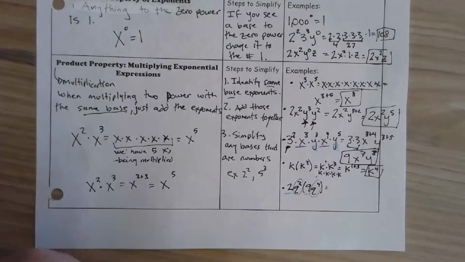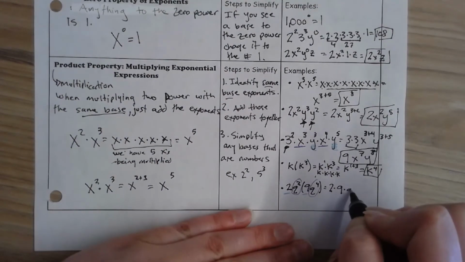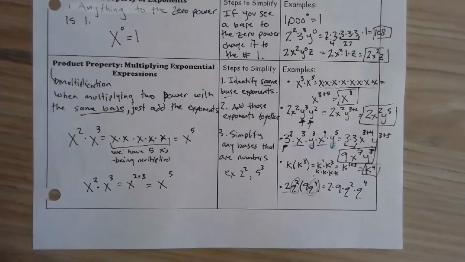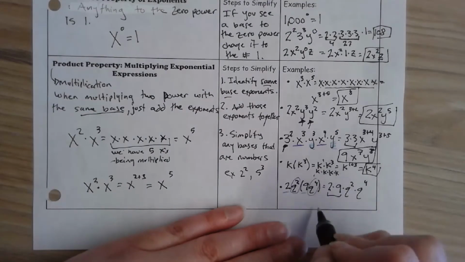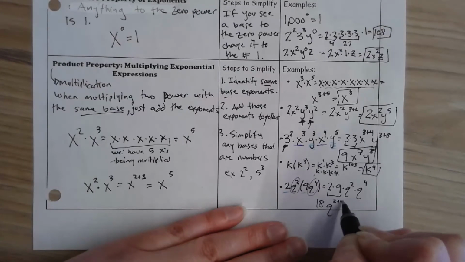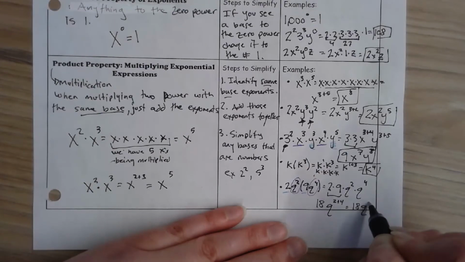So I can actually write this as 2 times 9 times q squared times q to the 4th, because if we think about multiplication, the order doesn't matter. 2 times 5 is 10, 5 times 2 is also 10. The order does not matter. So we could do 2 times 9 is 18, and then we have q to the 2 plus 4, so we're going to get 18q to the 6.